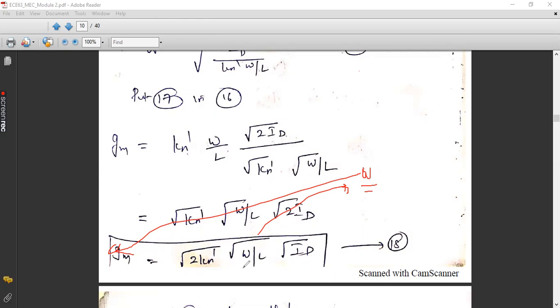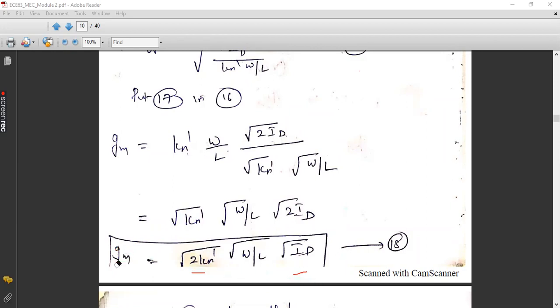So if you can improve the aspect ratio, improve the drain current, and increase the value of the manufacturing constant Kn dash, then correspondingly the transconductance will also increase. So this is the second equation for GM.